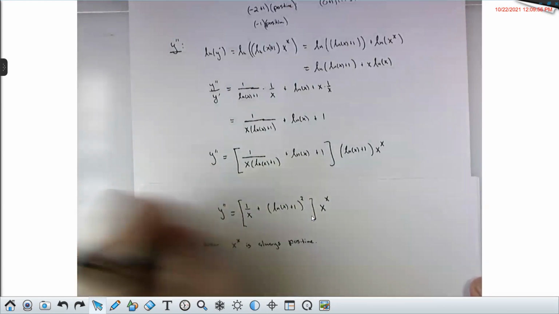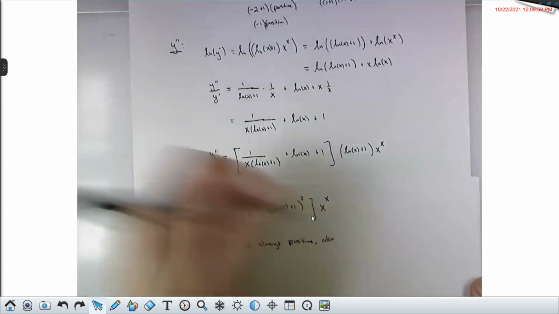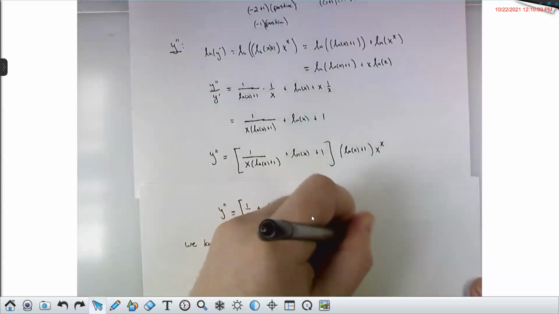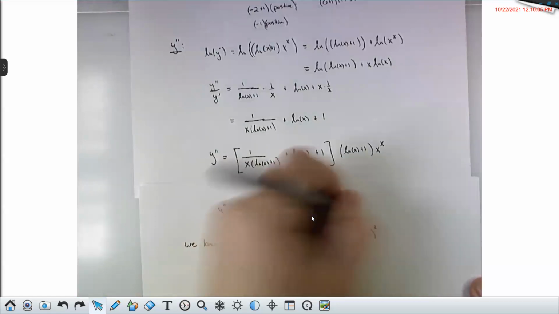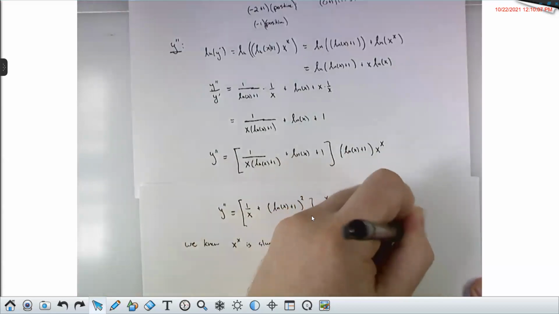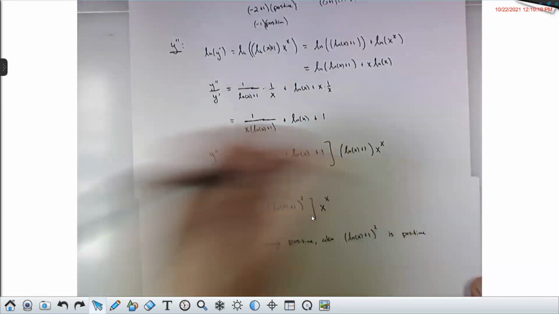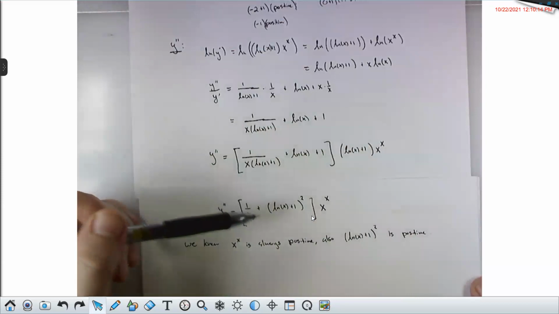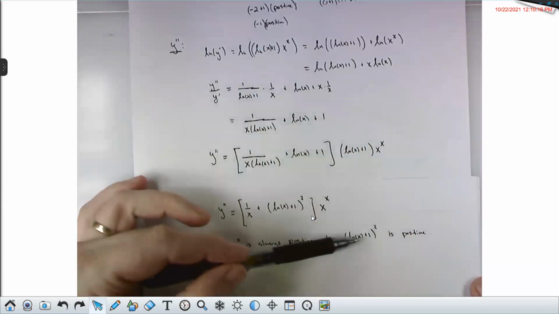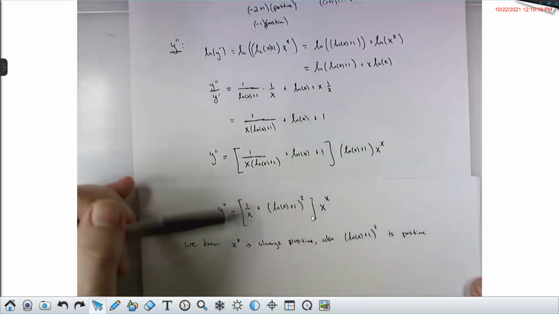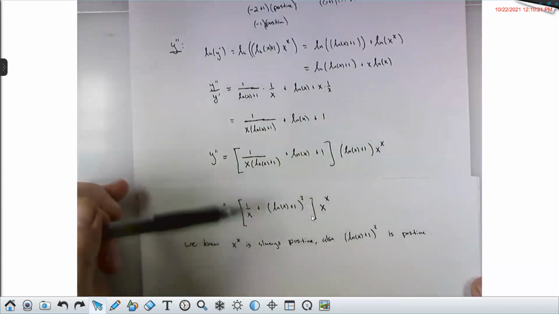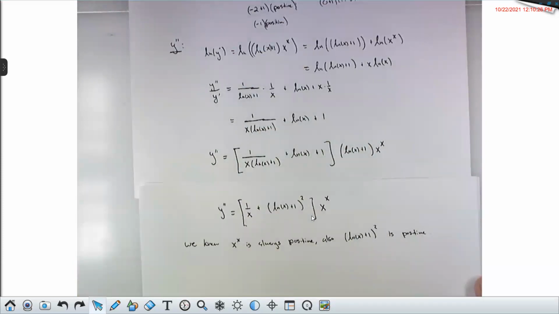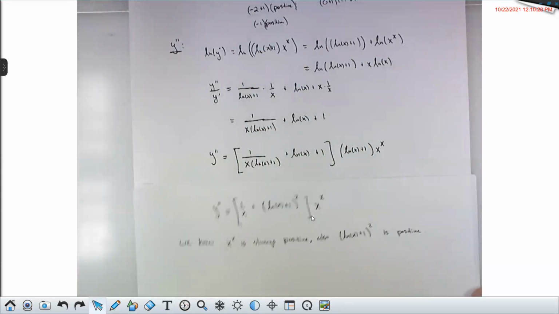Also, the ln of x plus 1 all squared is positive because it's a square. And we can say even more. The ln of x plus 1 all squared plus 1 over x could never be negative unless x itself were negative. But the domain of my original function is only the positive numbers.